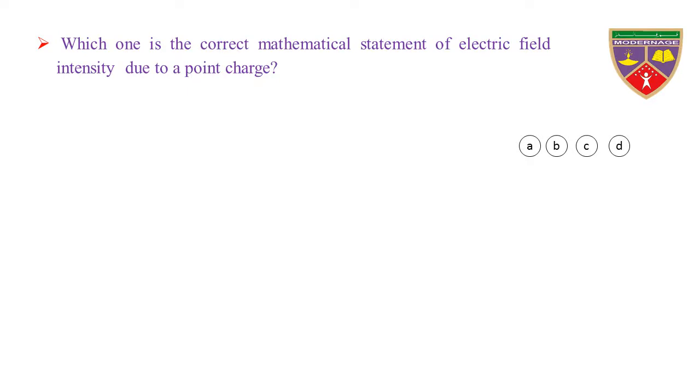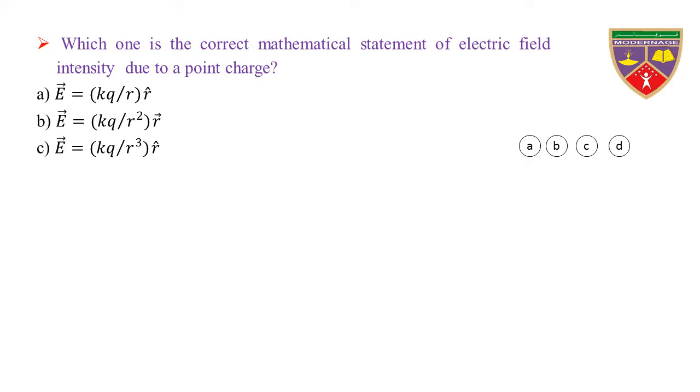Which one is the correct mathematical statement of electric field intensity due to a point charge? Option A, E = kq / r times r unit vector. Option B, E = kq / r² times r vector.